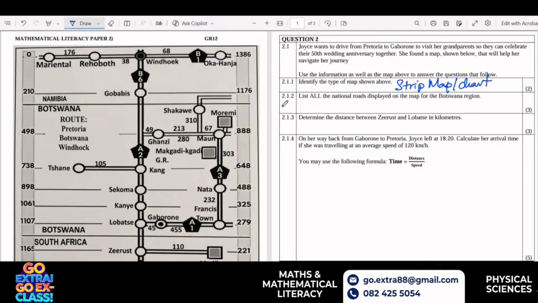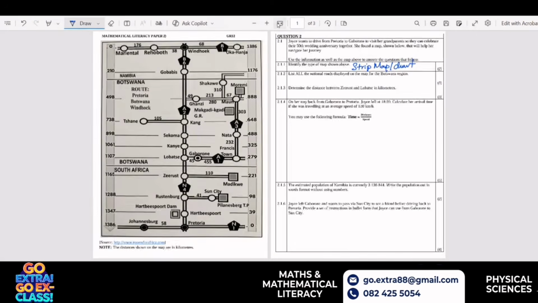Now let's look at the next question here. 2.1.2 says list all the national roads displayed on the map for Botswana region. So if we look at this map, you can pick up that there are actually 3 countries shown here.